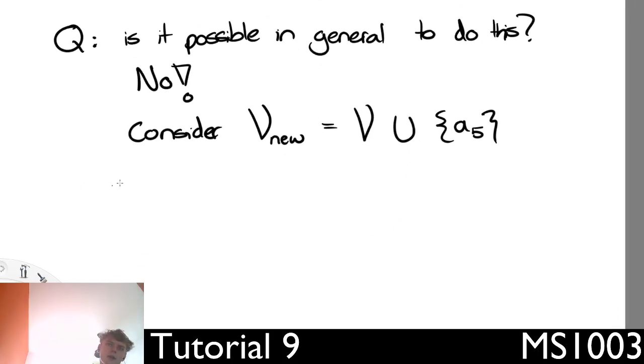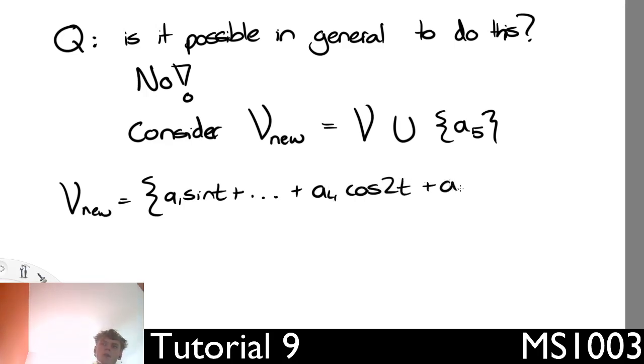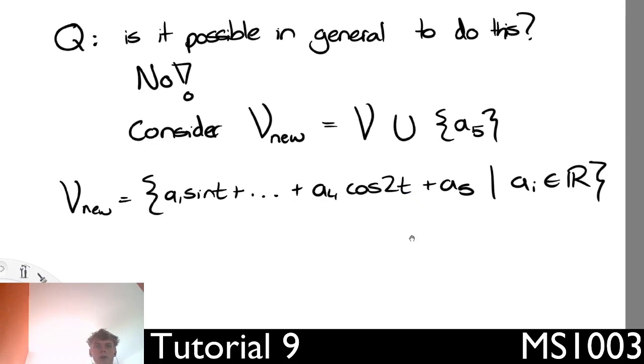And so any vector in V new is going to be the set of all a1 sine t plus, I'm just skipping there, a4 cos 2t plus a5 such that all of the a's are in R. This is my new vector space.